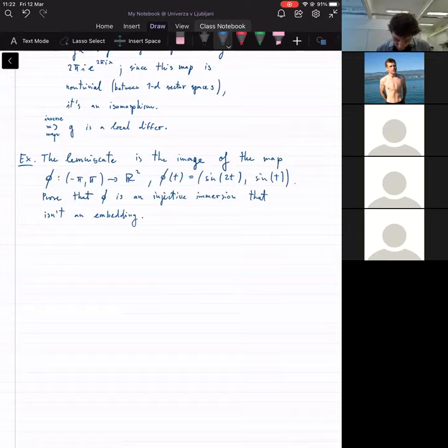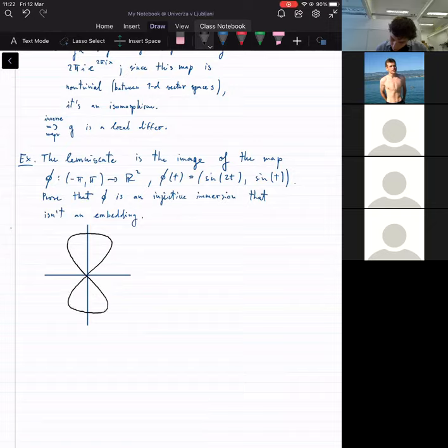Let's just sketch what this thing is. It's kind of a figure 8, something like this. I draw it really poorly, so I'm going to try and draw this a bit more aesthetically pleasingly. I guess something like this.